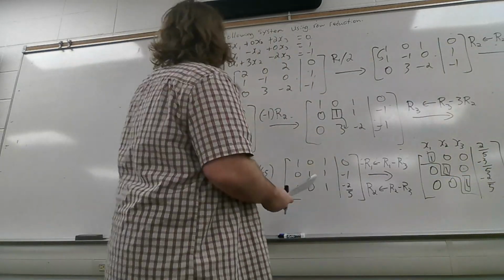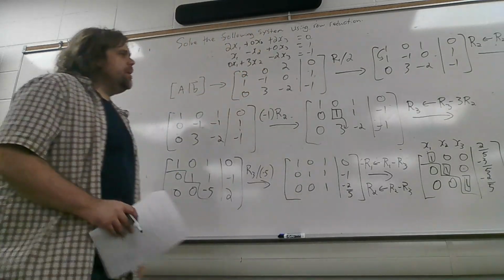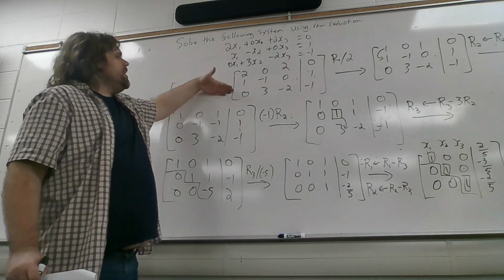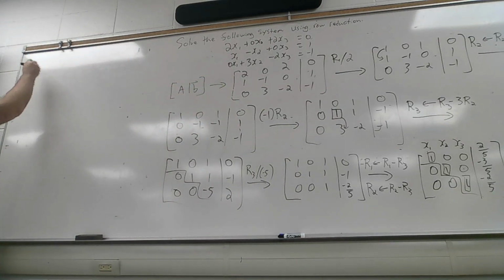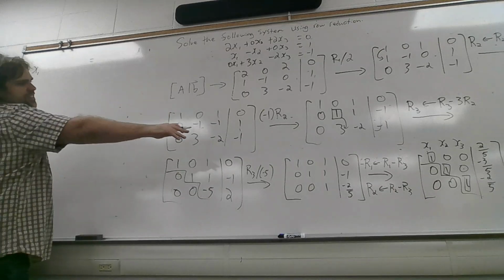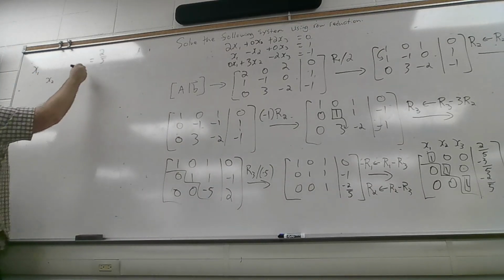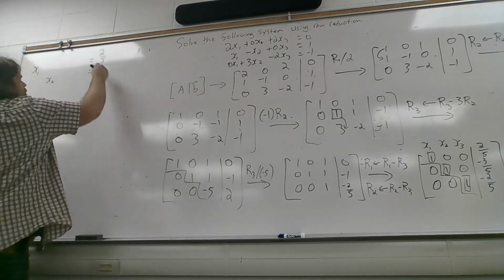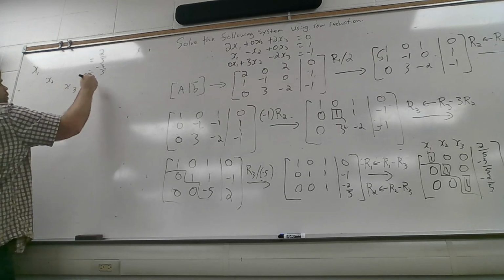This first column is these numbers, then the second column, then the third column. We went from here to here, now we're going back. So that says x1 equals 2 over 5, x2 equals minus 3 over 5, and x3 equals minus 2 over 5.